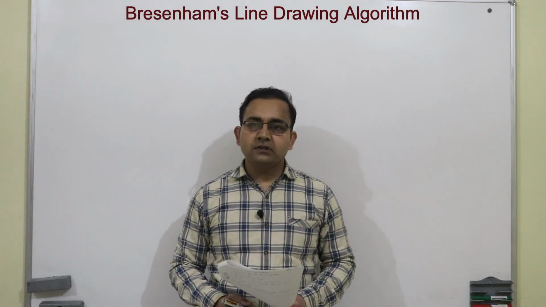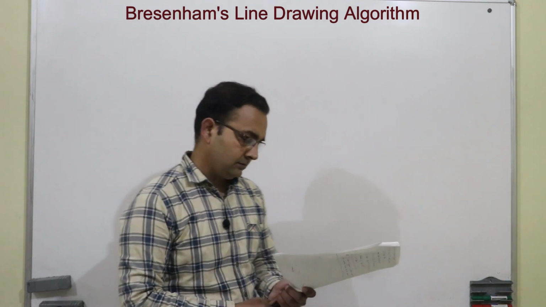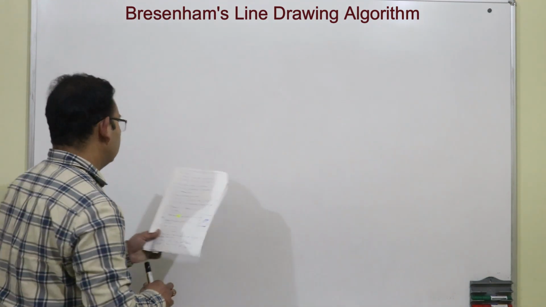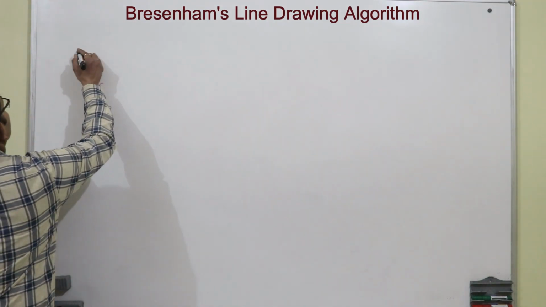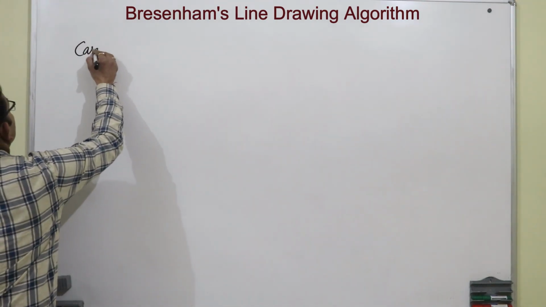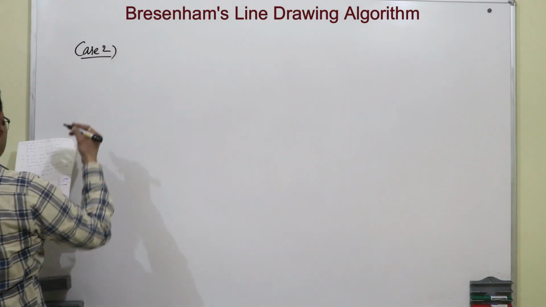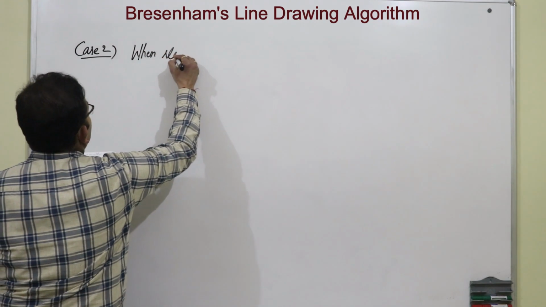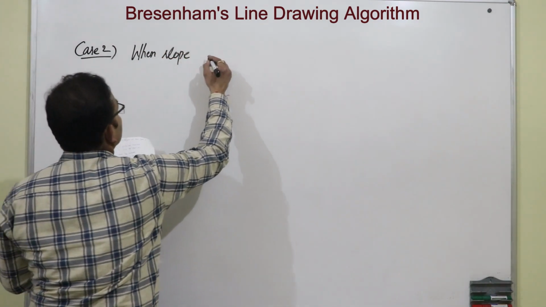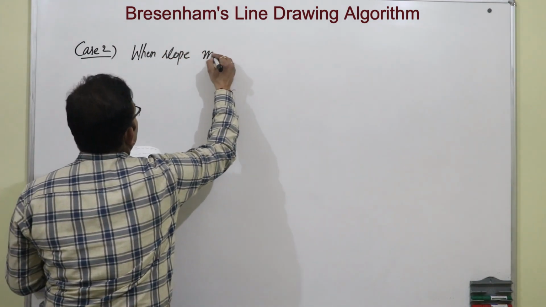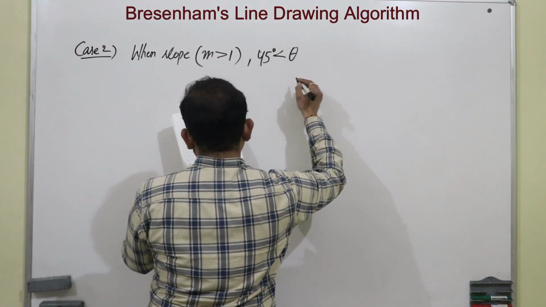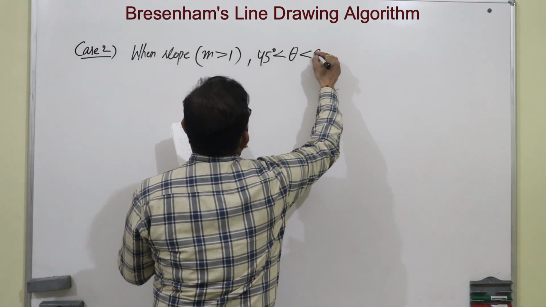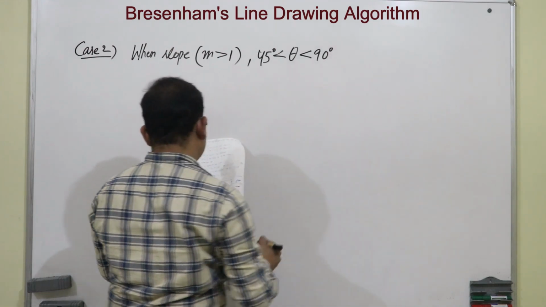Now we will write for the other case. Case 2, when slope m theta is greater than 45 and less than 90 degree.